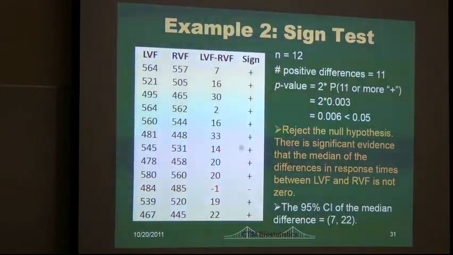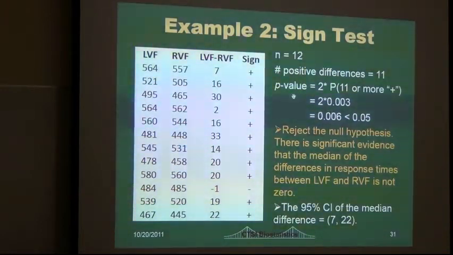For the first 9 observations, the difference is positive, so it means that the left visual field requires higher response time, right? Then for the 10th observation, the difference is negative, and for the last 2, the difference is positive. So out of 12 observations, 11 of them have positive differences. That's a large number of differences.